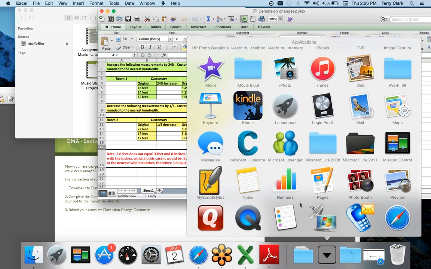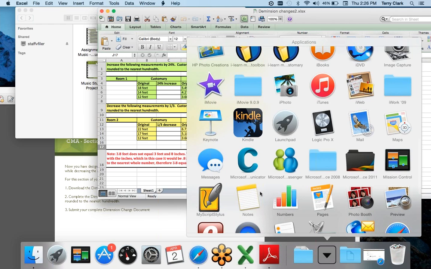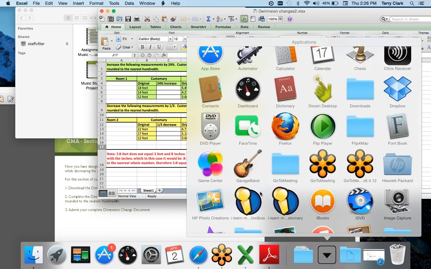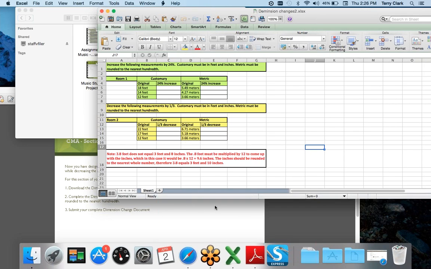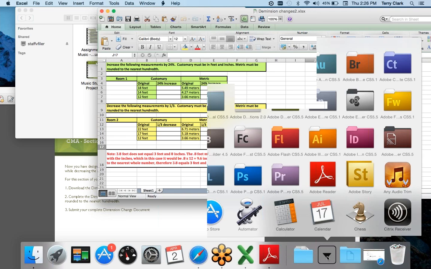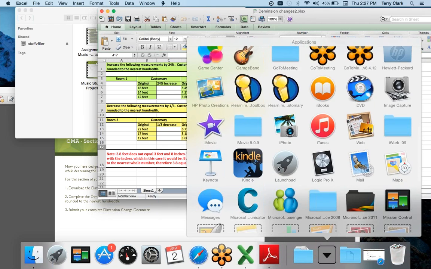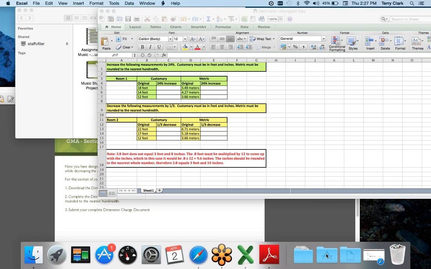Let me see something here for a second. All right, I got something here. Where is it at? I'm looking for a program. That's normally right in front of my face. Here it is, Sketchpad. Okay. Let's say, for instance, let's say I got something I want to increase it by 32%. I want to show you guys something. If it comes up, I know I just clicked on Sketchpad. Nope.